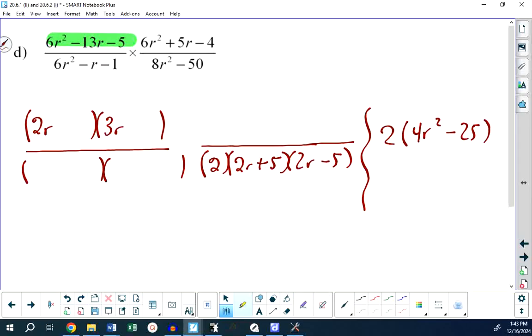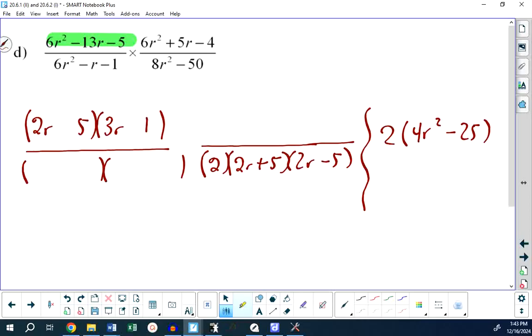That's my suspicion. Why else would I give you something that's going to cancel if it doesn't cancel? And then I'm going to work smarter. I see that with the 2r's over here, there are 5's. So my suspicion for that green thing is this is a 5 and this is a 1.